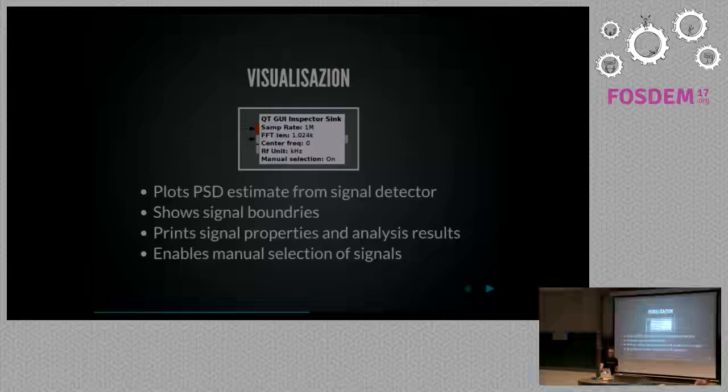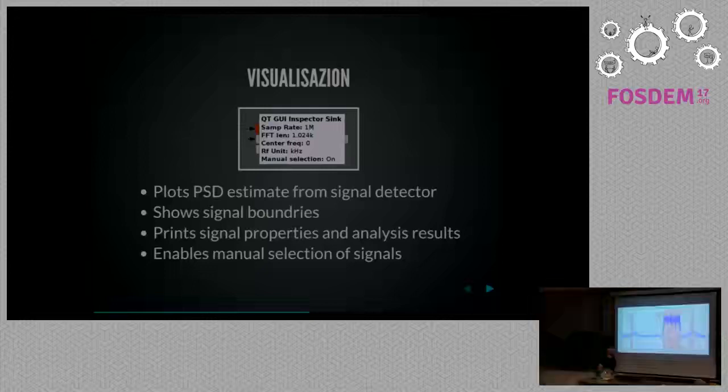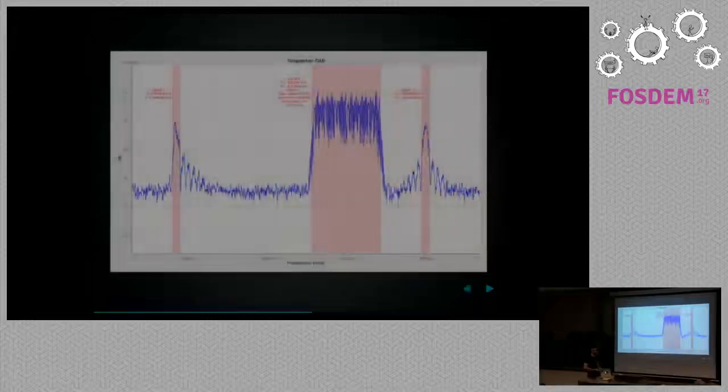And this is a screenshot of how the GUI looks. So what we see here are three signals in the spectrum. And as you see, the one on the left and the one on the right just have their center frequency and bandwidth plotted next to them. The one in the middle has more text. So what's up there? I don't know if you can read it in the back line.